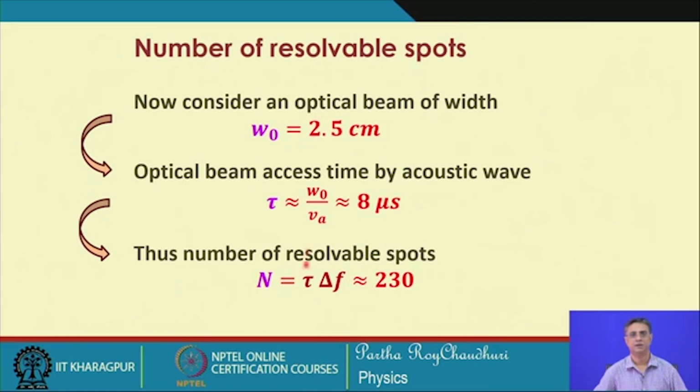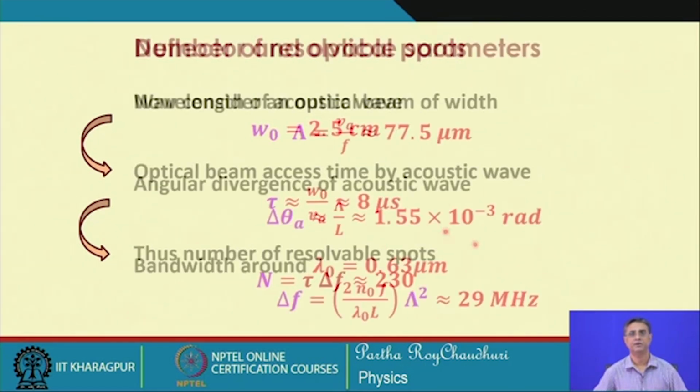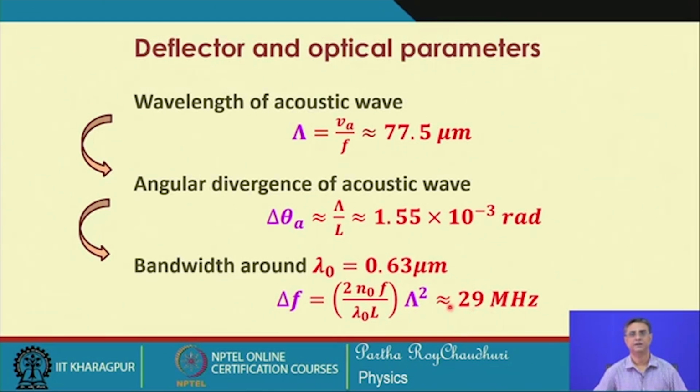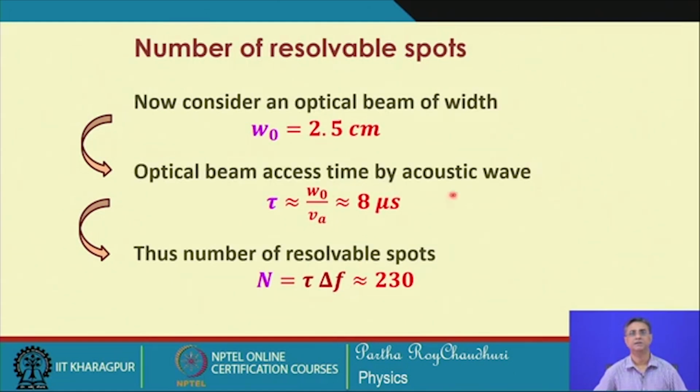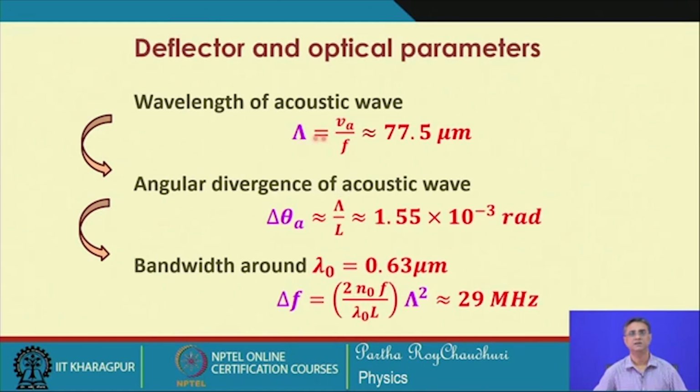This is a very beautiful example with realistic practical numbers, to understand how you get a number of resolvable spots which is more than 200 for a frequency range of 29, close to 30 megahertz. Within 30 megahertz you will get these many spots by using these acousto-optic and optical beam parameters. So, this gives a very clear understanding about how this deflector can be used with practical numbers.